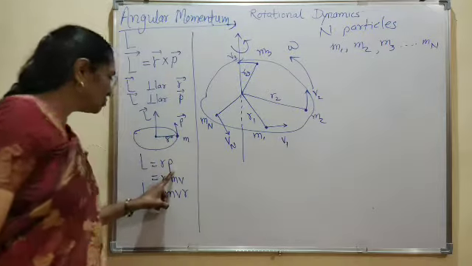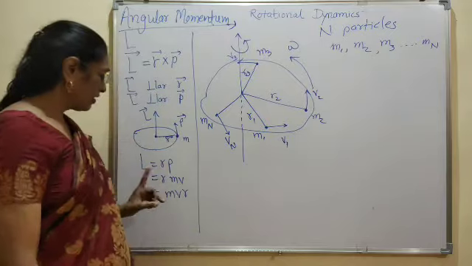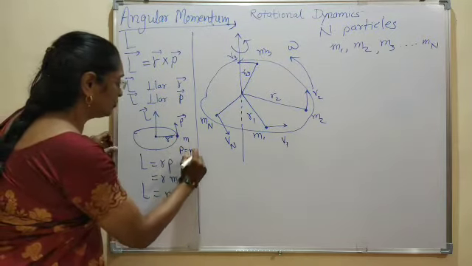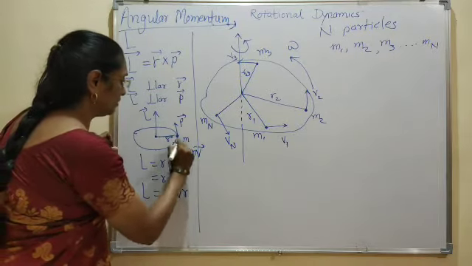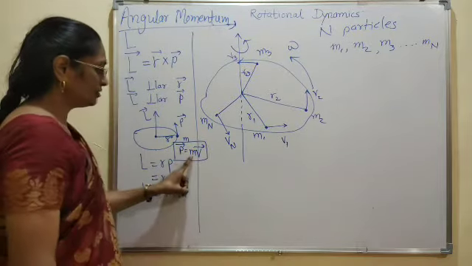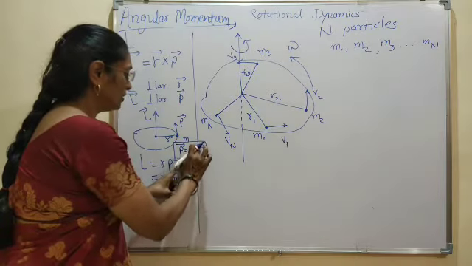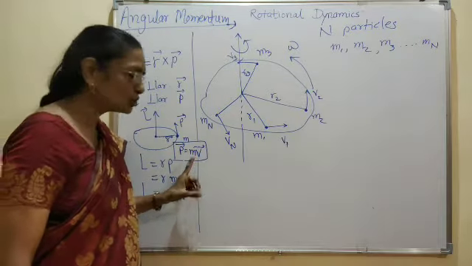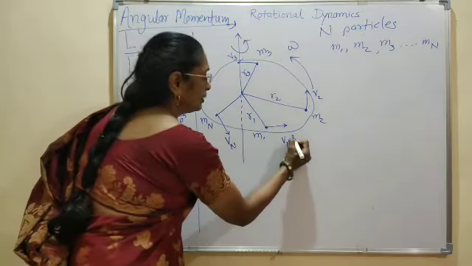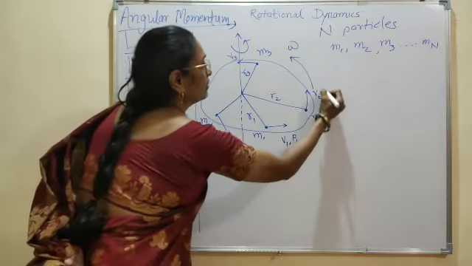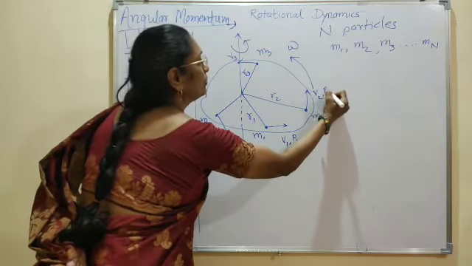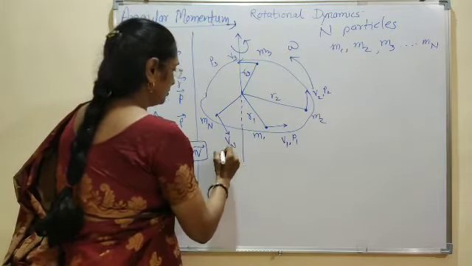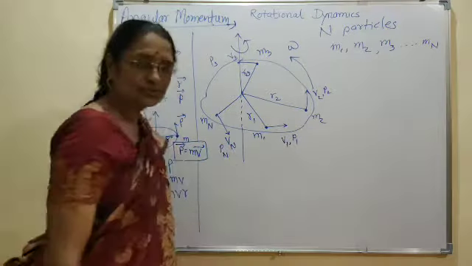As here we have to use the quantity linear momentum, p is equal to m into v. Its vector equation is vector p equal to m into v. Direction of linear momentum is the same as direction of velocity. So here we can show another vector p1, here p2, for the third particle it is p3, and for the last particle it is pn.